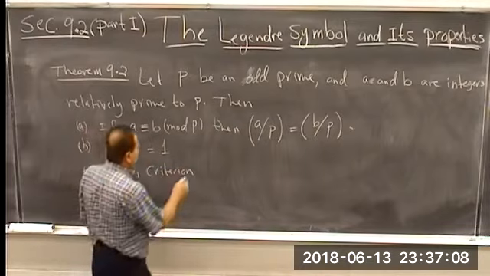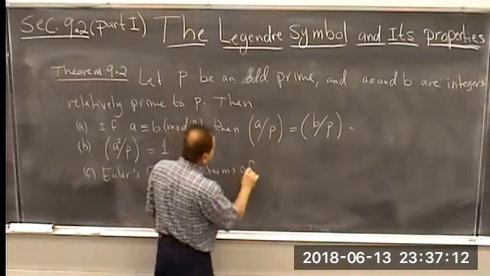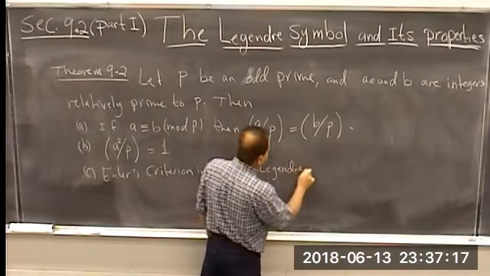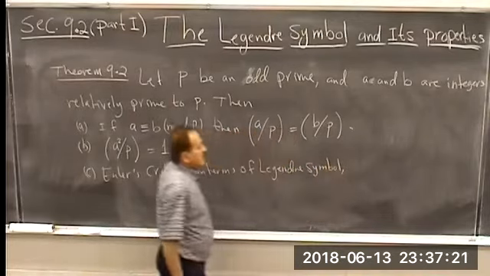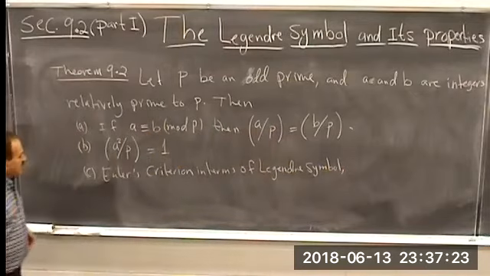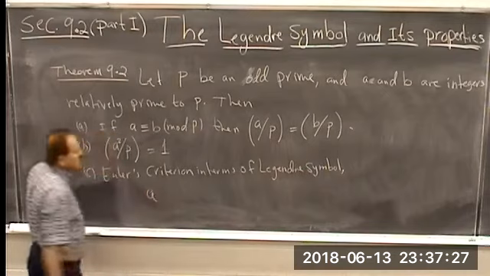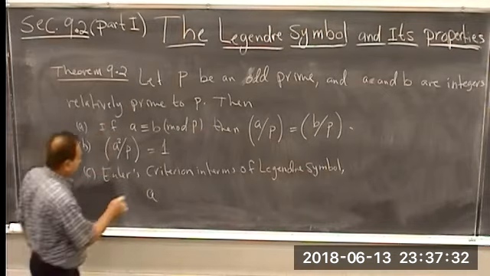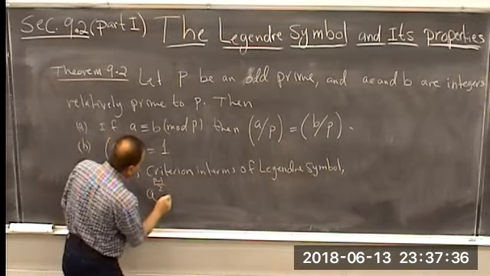In terms of the Legendre symbol. Remember that Euler's criterion is a criterion that determines whether an integer is a quadratic residue or non-residue by taking a to the power (p minus 1) over 2.